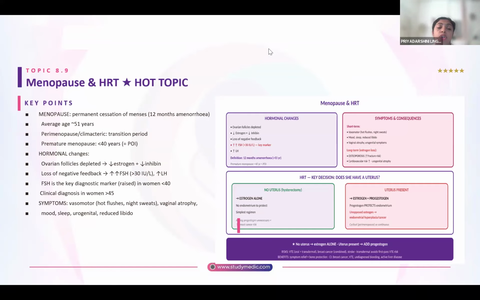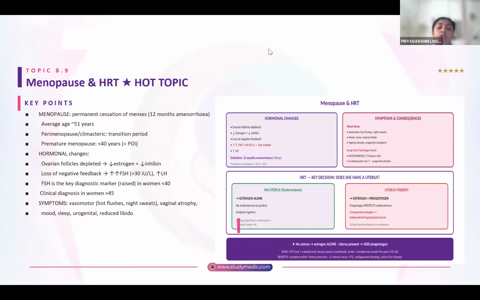If the woman has a uterus, then you give the woman both estrogen and progesterone. This progesterone is the one that is going to protect the endometrium. So the simplest regimen that any woman can have is estrogen alone. And again, depending on the type of symptoms, if it is only vasomotor symptoms, you can treat her separately. If she requires only vaginal estrogen because of vaginal atrophy, you can treat her separately.